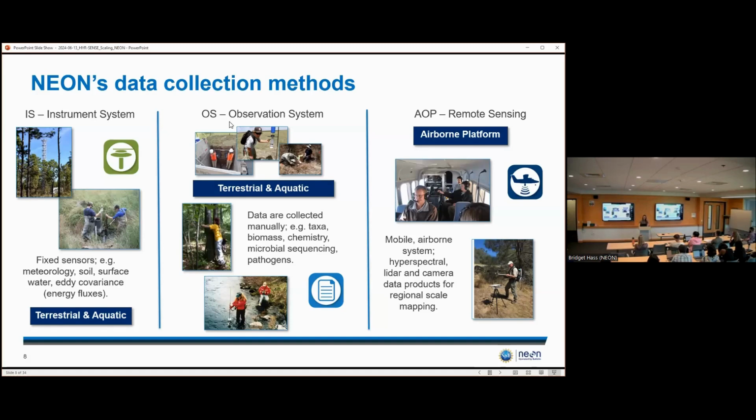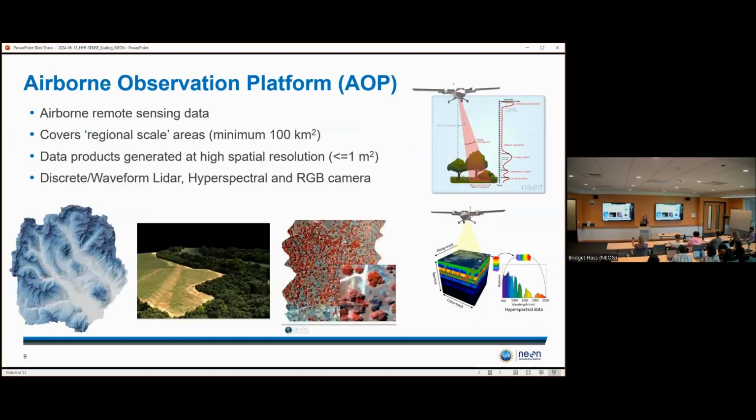And then lastly, we have the remote sensing team. This is deployed to different sites throughout every summer season. I'll get into this in a little bit, but we're collecting three main sensors that generate a number of data products.